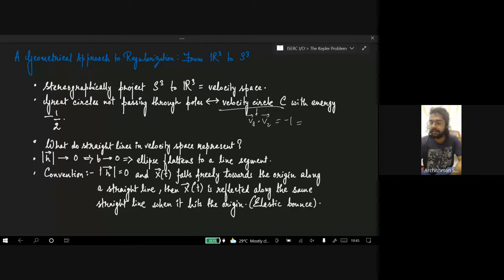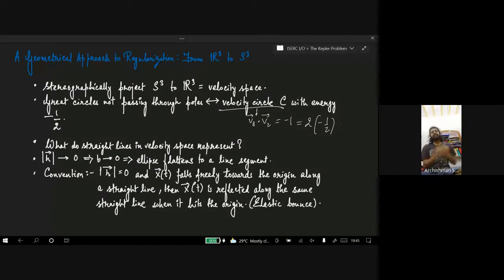This is nothing but 2 times minus half. So the great circles which do not pass through the poles map down to velocity circles corresponding to orbits of energy minus half. That is fine, there's no trouble over here.